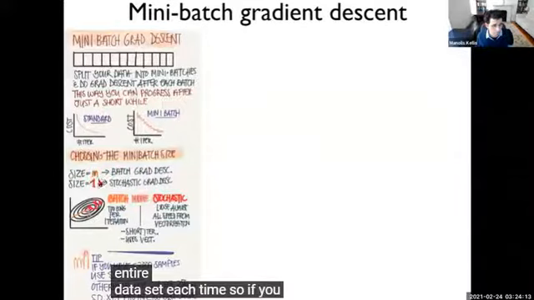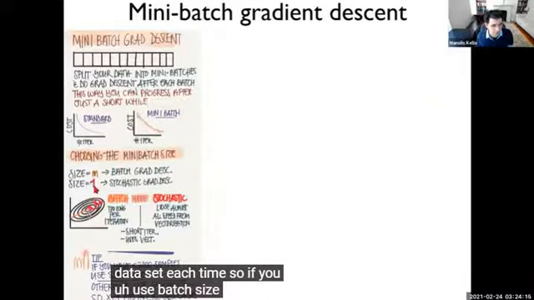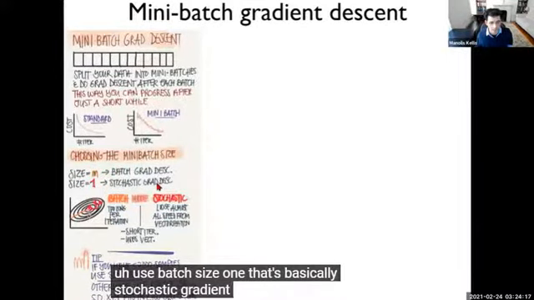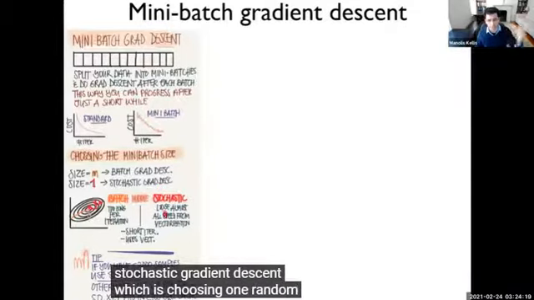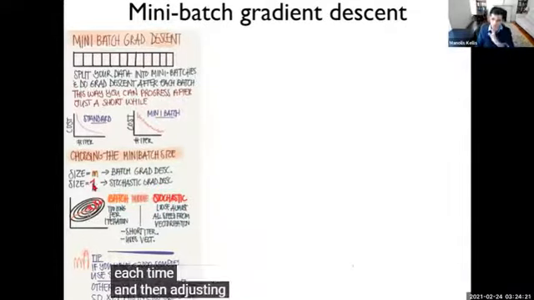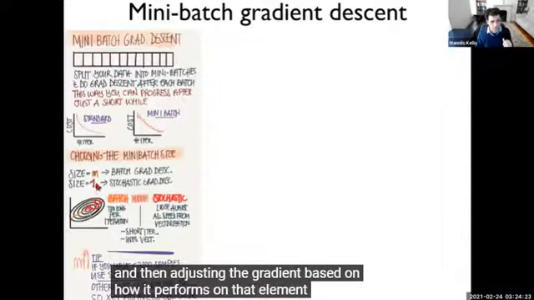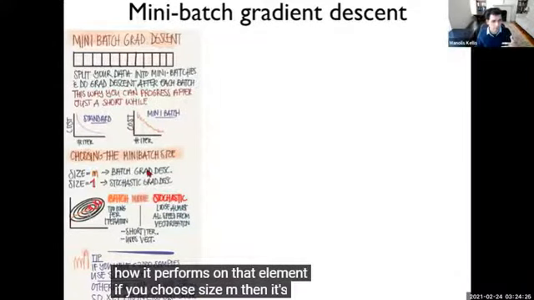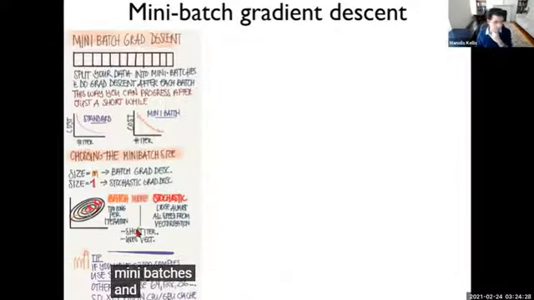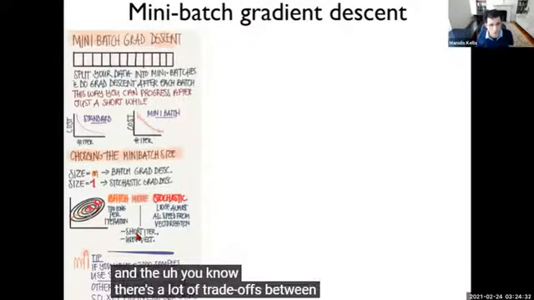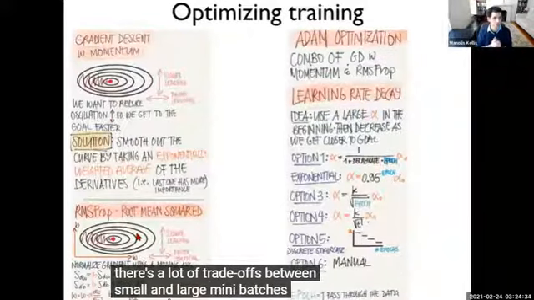So if you use batch size 1, that's basically stochastic gradient descent, which is choosing one random element each time and then adjusting the gradient based on how it performs on that element. If you choose size M, then it's basically mini batches, and there's a lot of trade-offs between small and large mini batches.